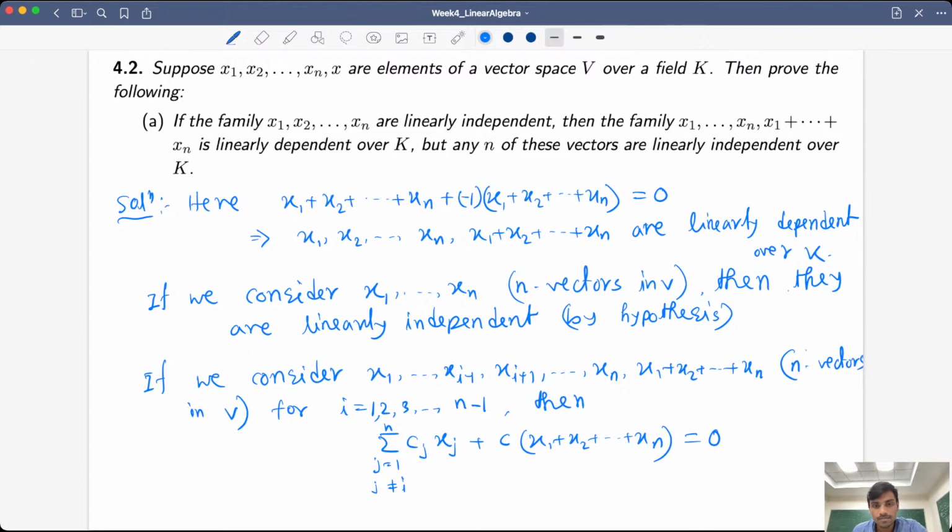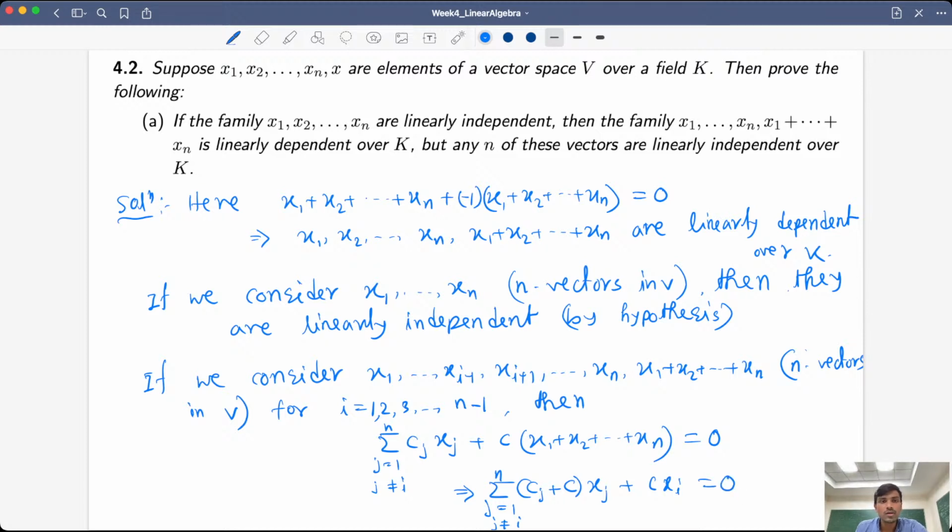Because each of them has x1 through xn, except at the xi position, the coefficient for xj is cj plus c. So this sum is the sum over j from 1 to n, j not equal to i, of (cj plus c) xj, plus the only coefficient for xi, which is c, so c xi equals 0.